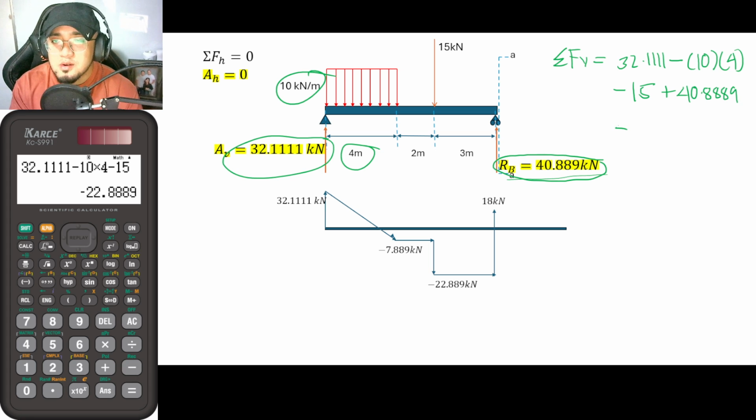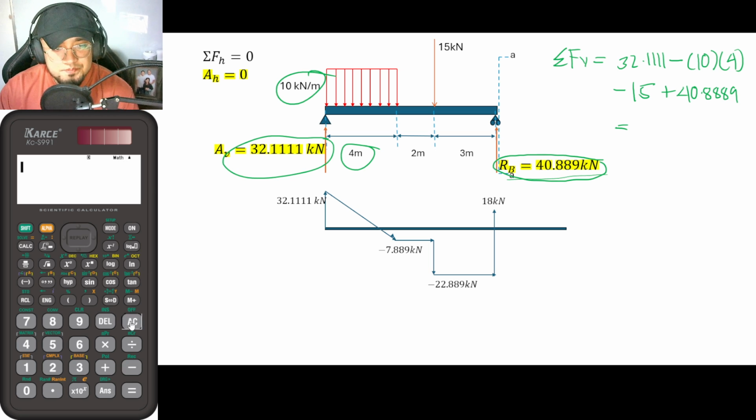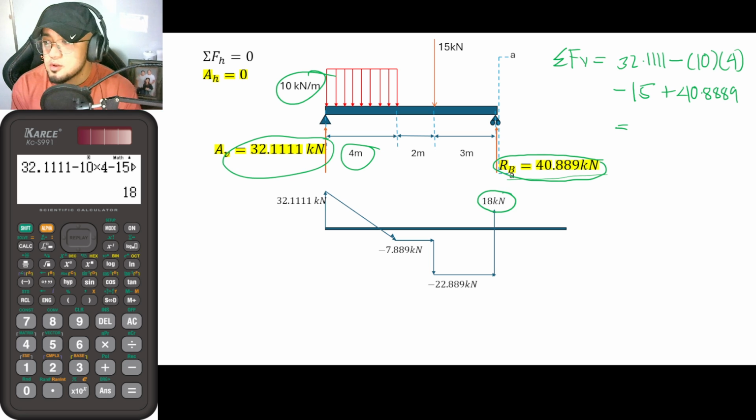Okay, so with that, guys, looking at our calculator, 32.1111 minus 10 times 4 minus 15 plus 40.8889. The answer here is 18. Okay, so this is now 18 kilonewtons.